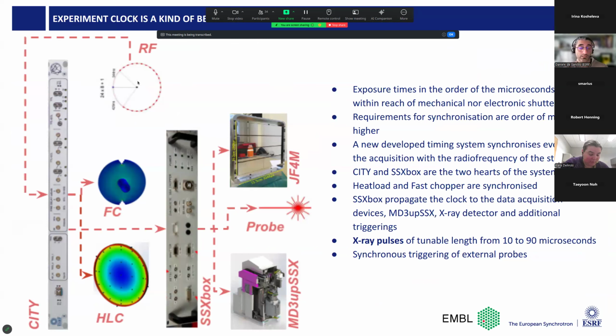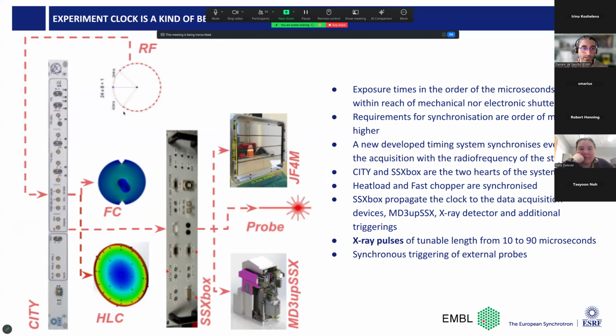This is not an absolute requirement, at least not for now, because we are not separating the bunches like it's done at the Laue beamline, because of course with the shortest exposure time of 10 microseconds, it's basically a bit more than 3 full ring turns at the ESRF.